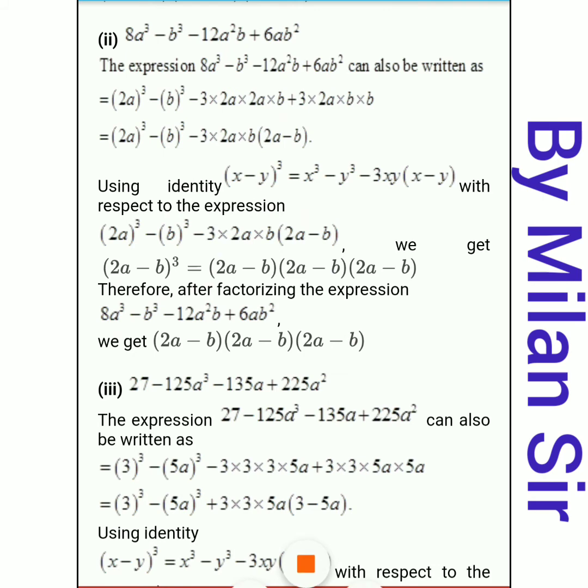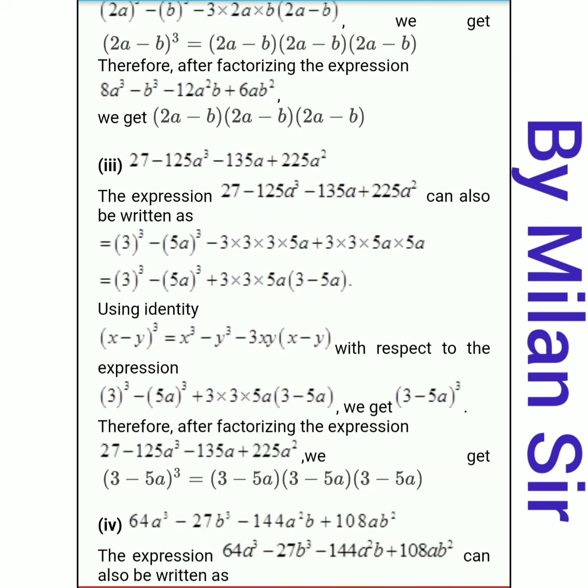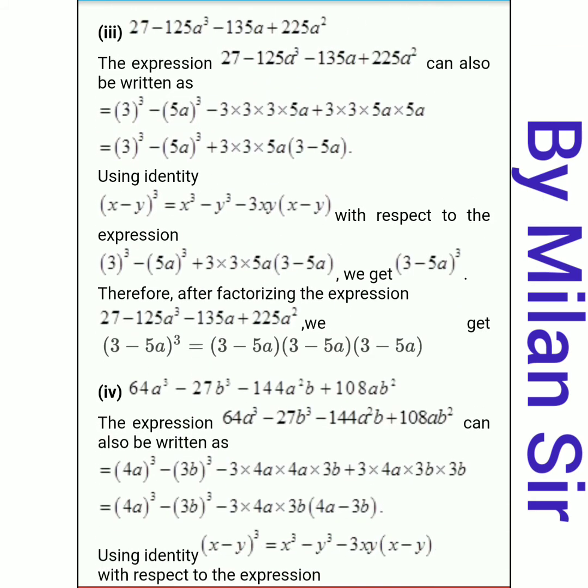Okay, then question number 3, 27 minus 125a cube minus 135a plus 225a square. In the first term we can write 3 all cube, because 3 cube is 27. Then negative sign, cube root of 125 is 5, right?